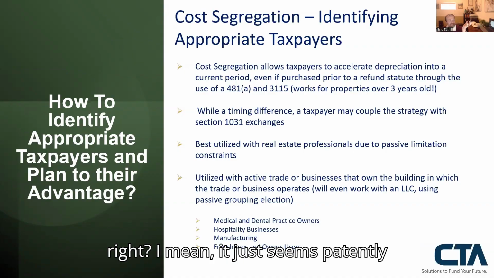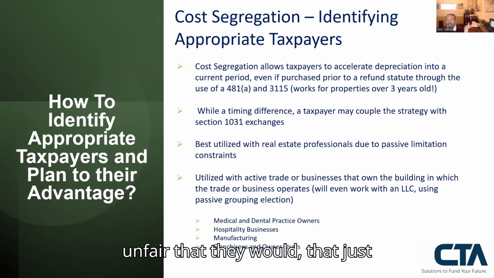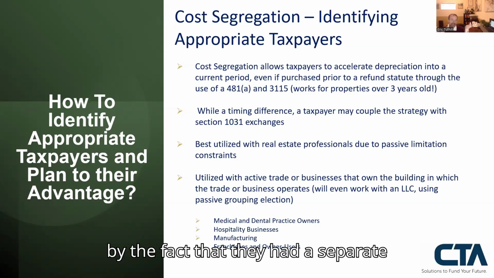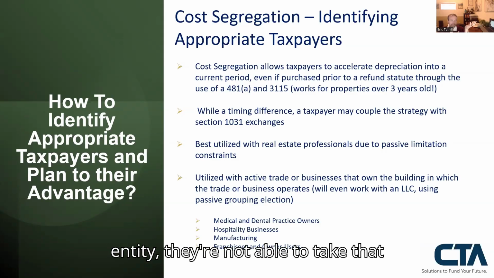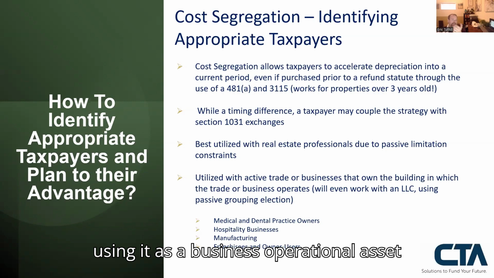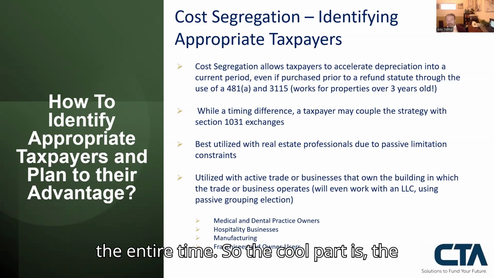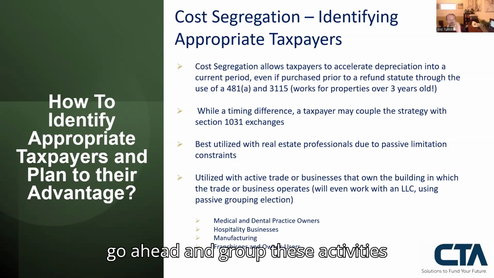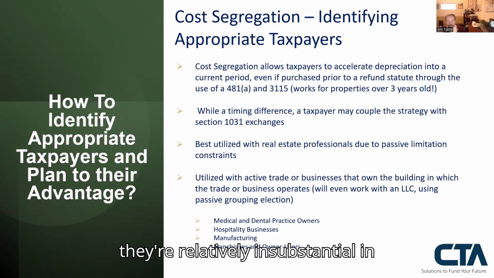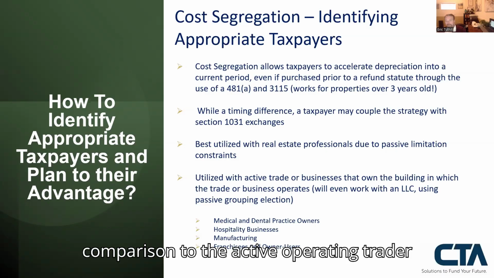It just seems patently unfair that just by the fact that they had a separate entity, they're not able to take that against their active income when they're using it as a business operational asset the entire time. So the cool part is the tax code gave us this opportunity to group these activities together, especially when they're relatively insubstantial in comparison to the active operating trade or business.